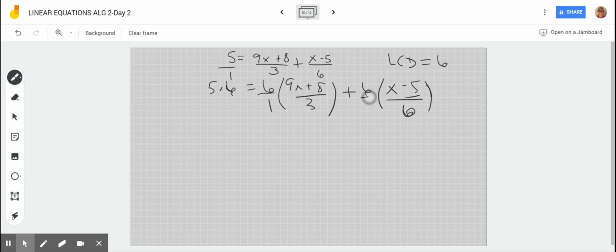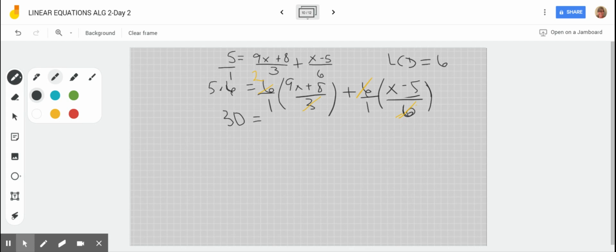So this is 6 over 1, 6 over 1. This becomes 30. Now, you have the ability to cancel right here, just like we've been doing. So 3 goes into 6 2 times. In the same way, 6 goes into 6, and it'll get rid of that.